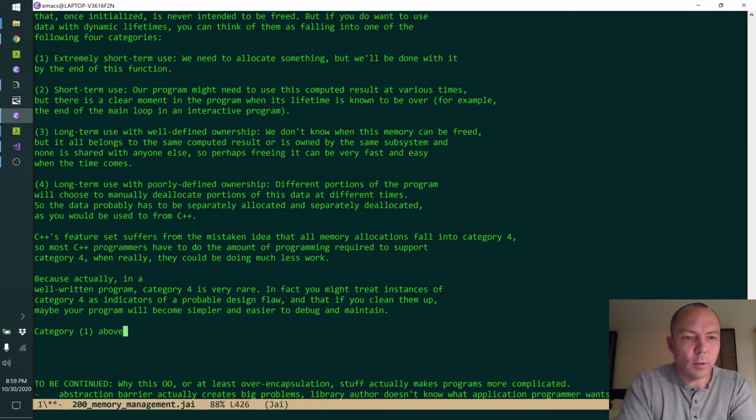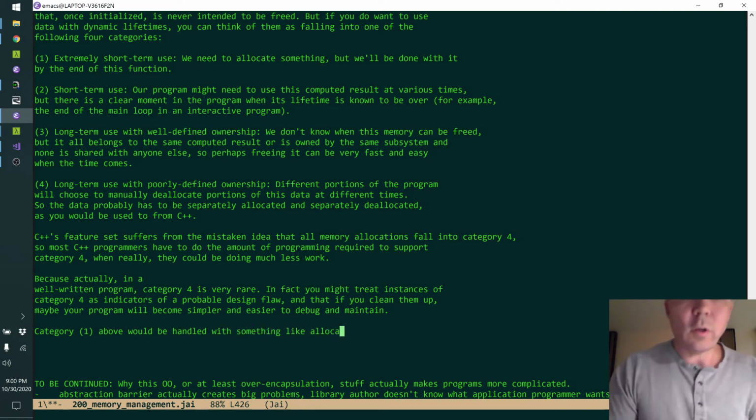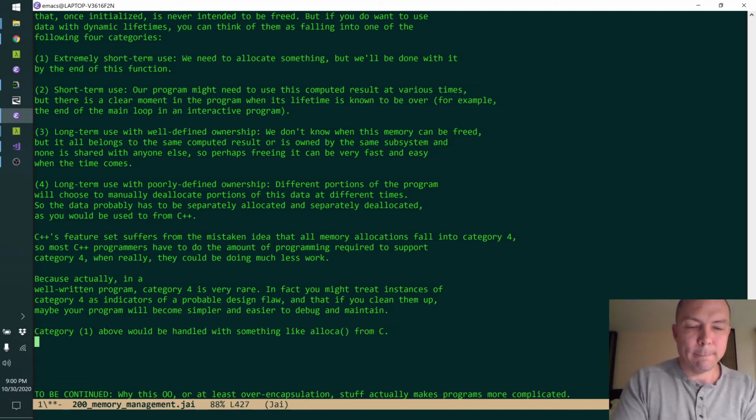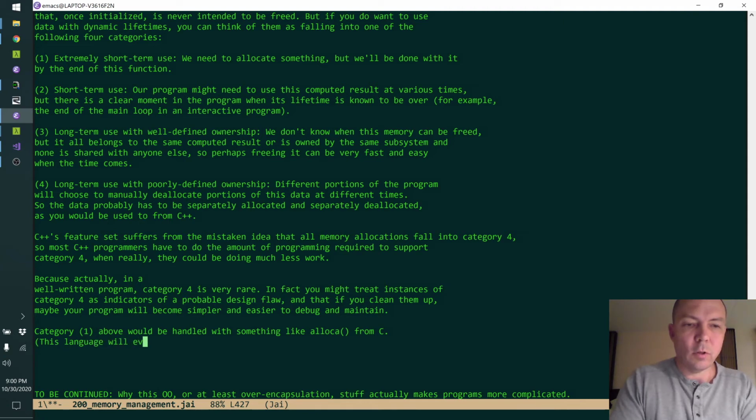Category 1 above would be handled with something like alloca from C. This language will eventually support alloca, but it doesn't currently.